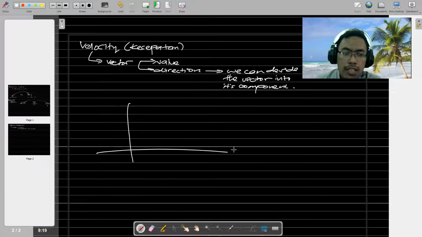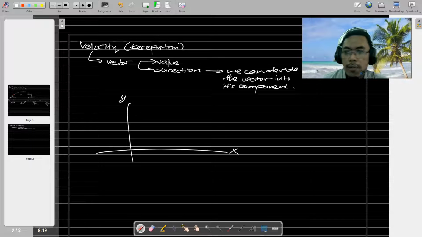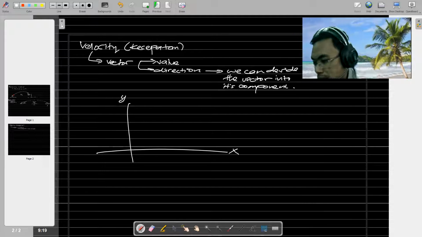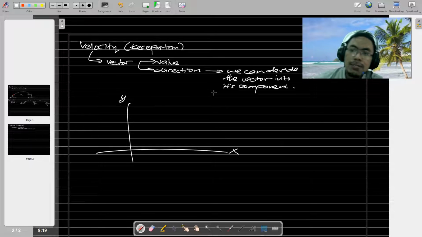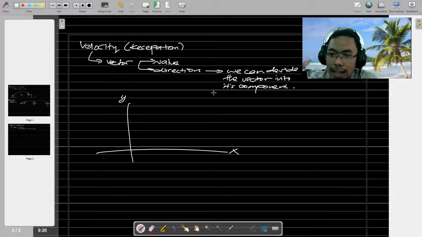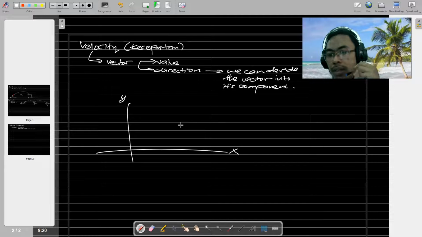Let's say this one is the x-axis and this one is the y-axis. But I'm sorry, my drawing is not good. Actually, this one is a perfect line, but due to my unstable hand, I have something like this. But I believe that you got my point.